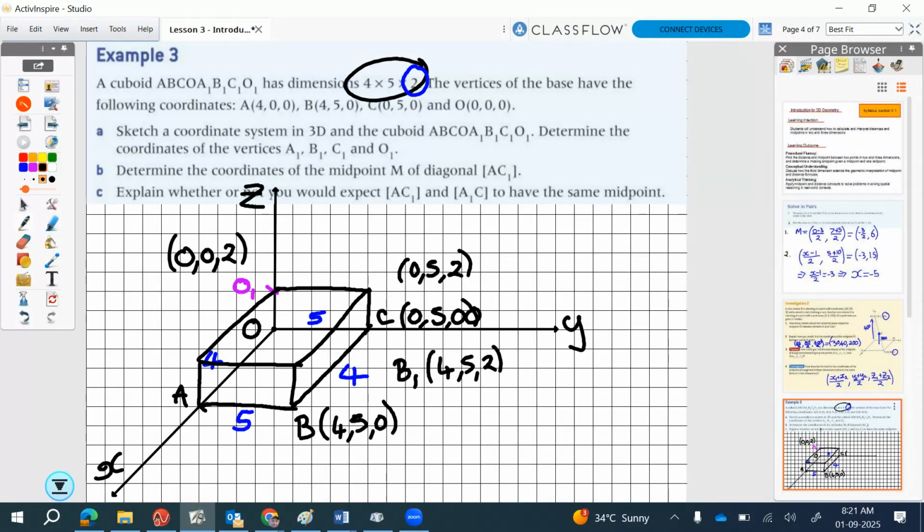What are the coordinates of this point here, A1? Discuss with the person next to you. What's the coordinates of this point? What's the coordinates of A?